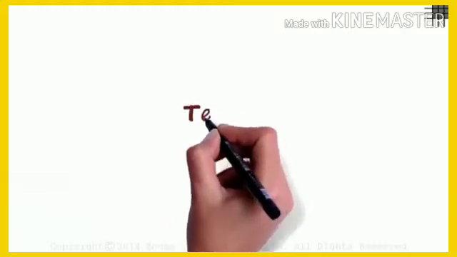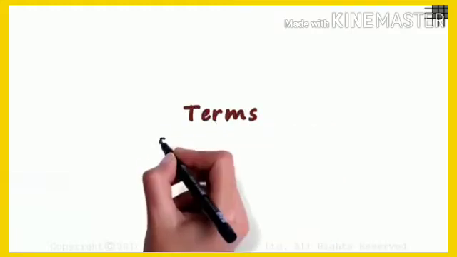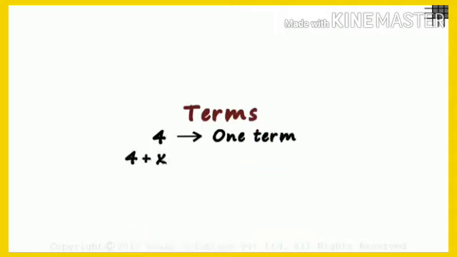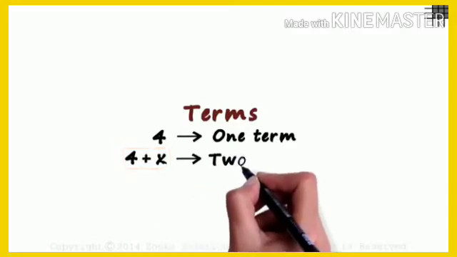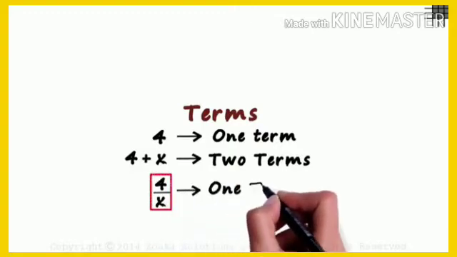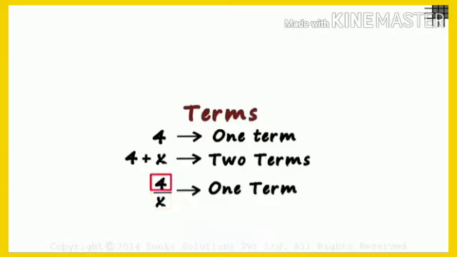Now listen. Terms. What do you mean by terms? The number 4 is only one term. 4 plus x has 2 terms. Then the next example, 4 by x. Here you see 4 divided by x is one term.